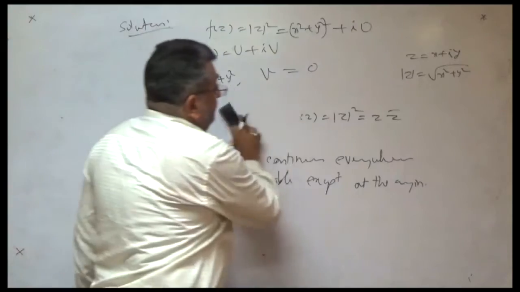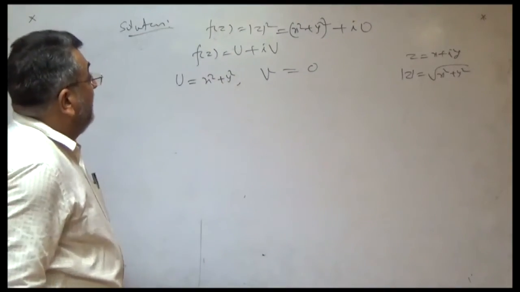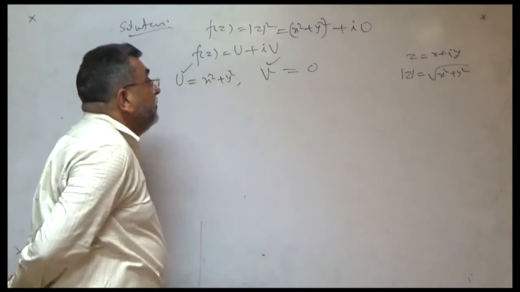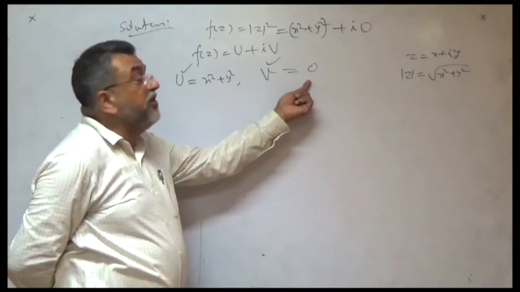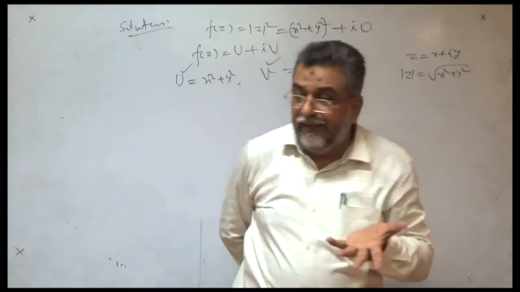Now, if you see the functions u and v, v is 0, which is a constant function, and u is a polynomial of degree 2.